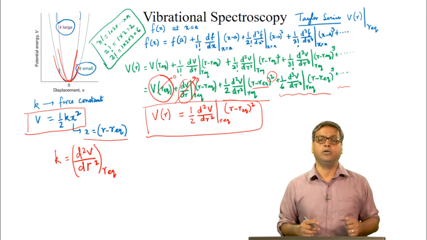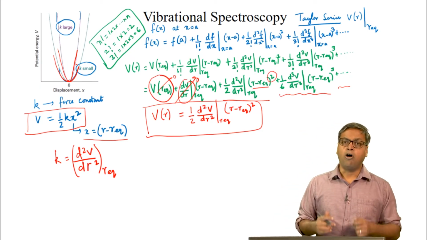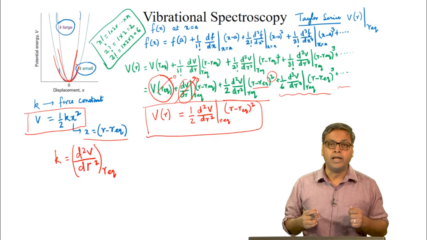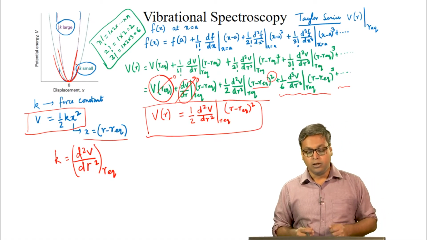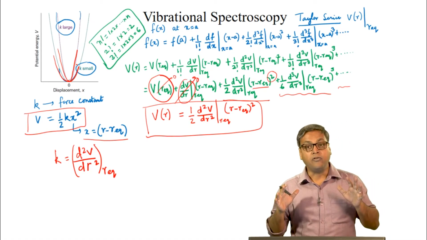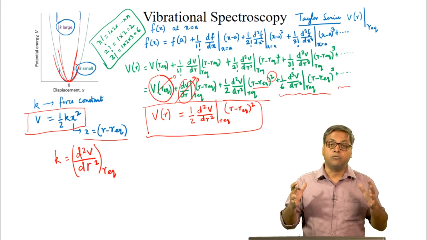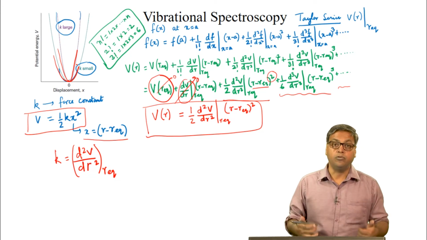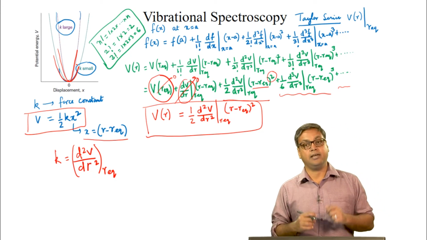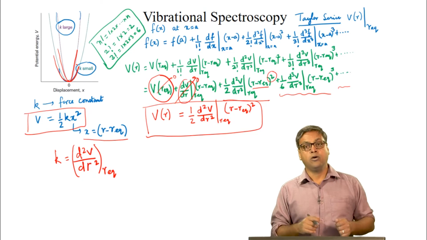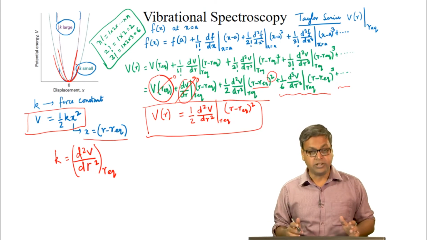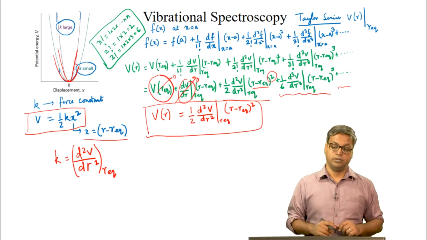So, if we can calculate the potential energy at any particular bond length, then we can determine the curvature and therefore calculate the force constant k, and thus we can calculate the vibrational frequency.